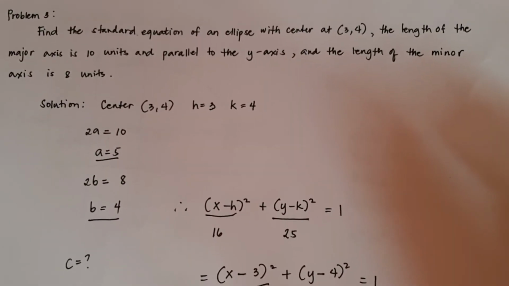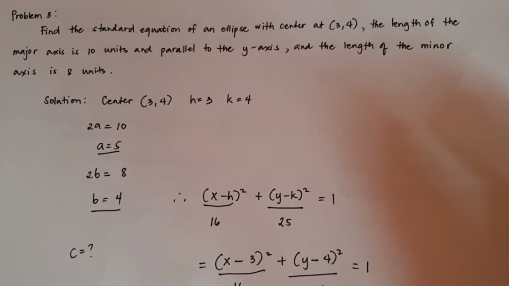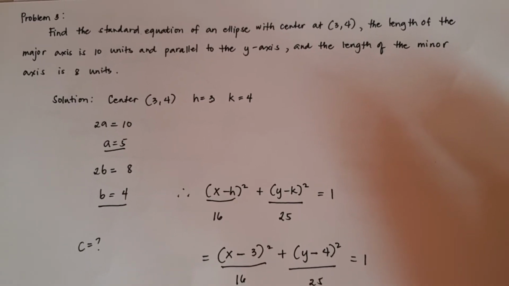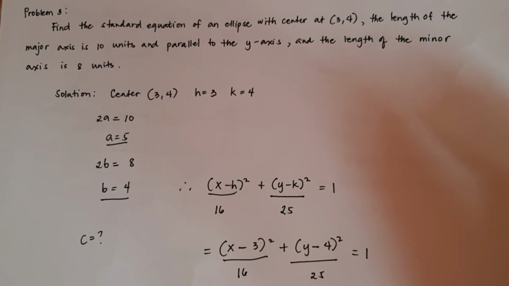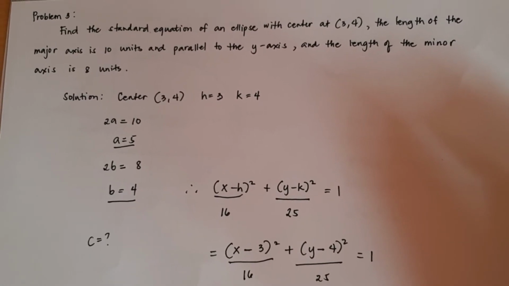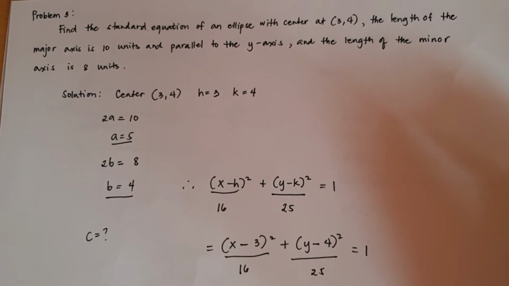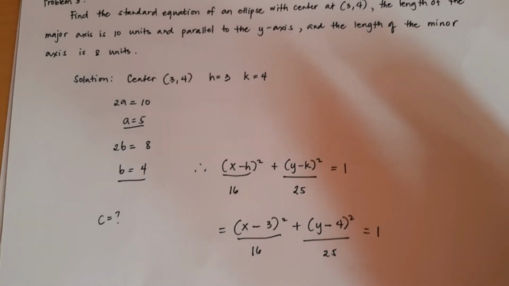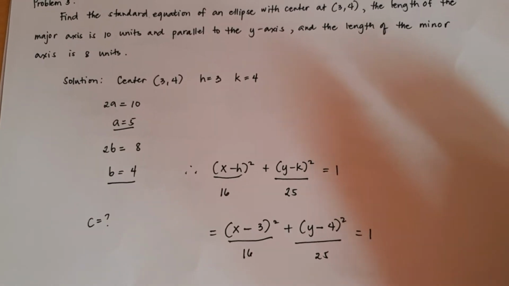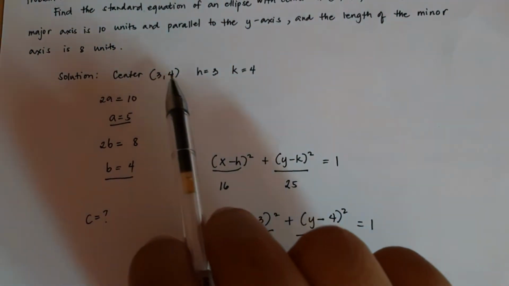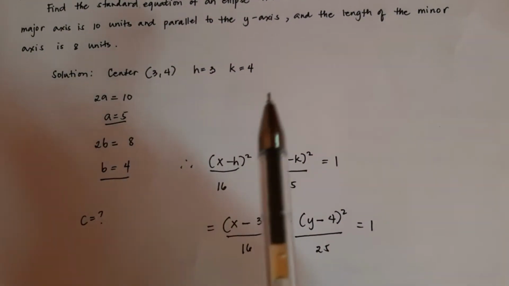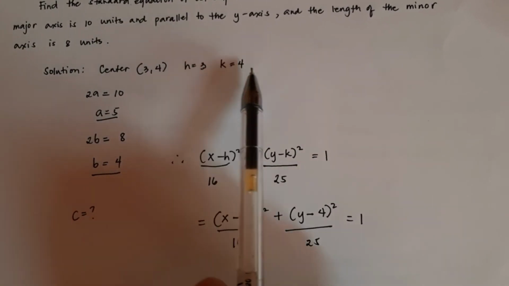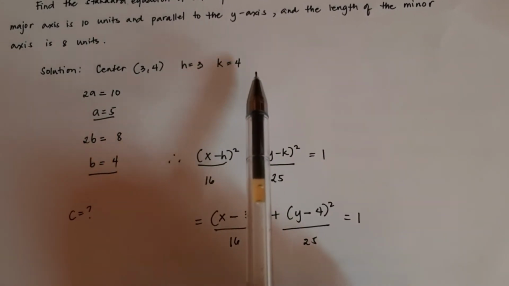Okay. Problem number 3 is find the standard equation of an ellipse with center at (3, 4), and the length of the major axis is 10 units and parallel to the y-axis, and the length of the minor axis is 8 units. So, solution, meron na tayong center which is at (3, 4), and therefore, ang values ng h tsaka k natin ay positive 3 and positive 4.